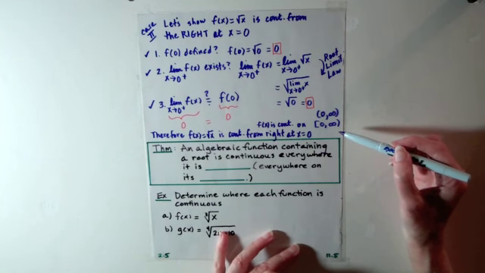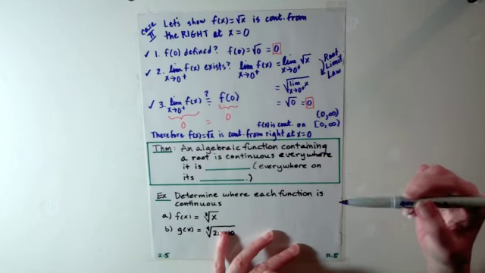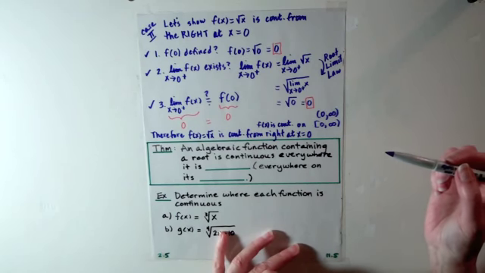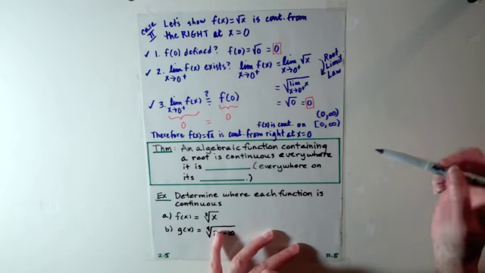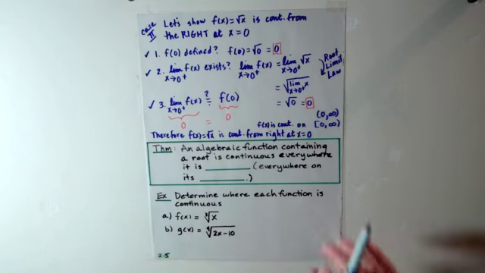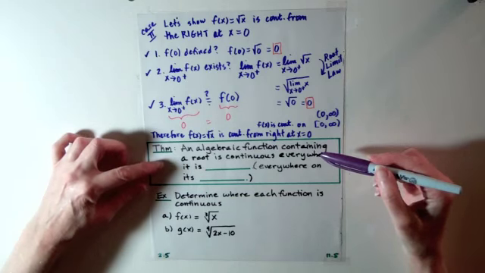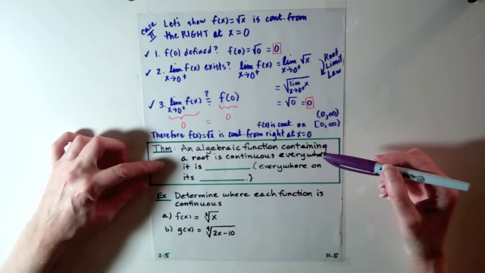So we've just shown that f of x equals root x is continuous on its domain, at every x value on its domain. Okay, let's go ahead and think about the following theorem then. A similar kind of argument can be used for any root function, the square root of any algebraic function, or cube roots, fourth roots, and so on.